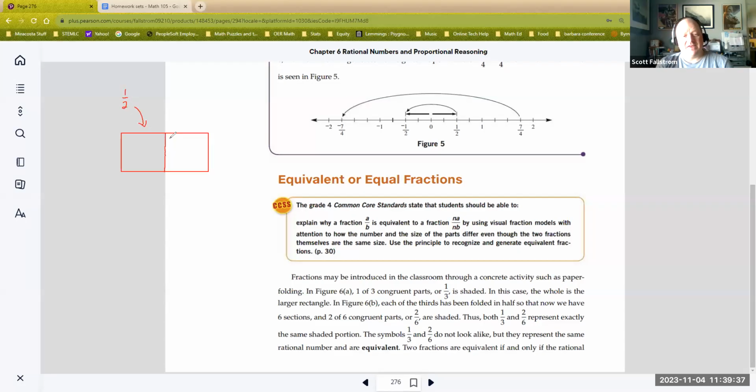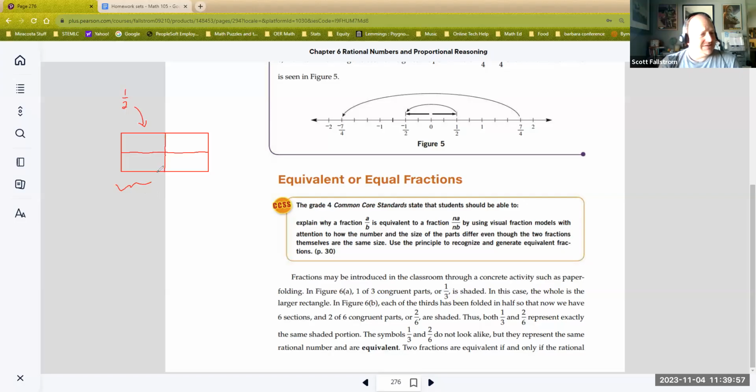Let's just say 1/2 of a candy bar. So I just gave you half of a candy bar. But then the next day I come back with exactly the same candy bar, and this time I cut it this way as well. But I still give you this portion on the side. I give you this whole portion.